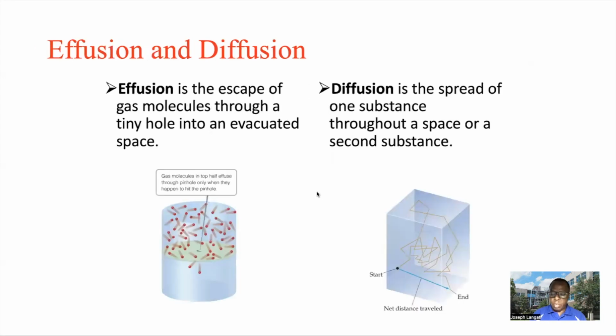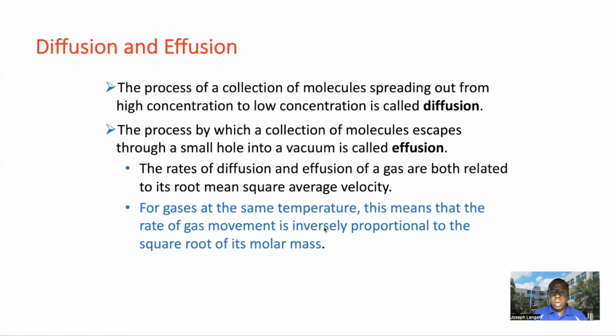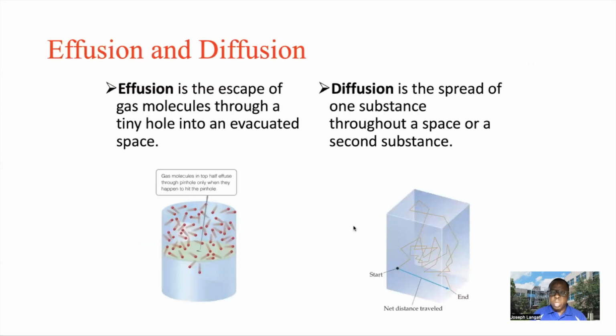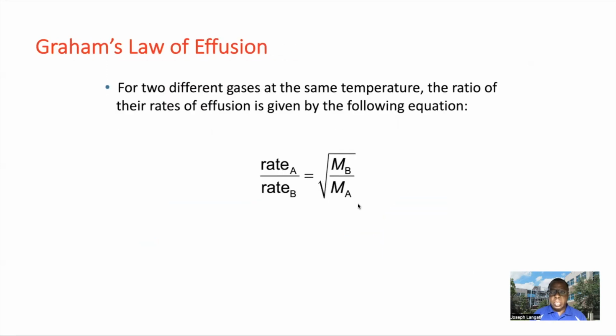We talk about inverse proportion here. This is the rate of A, the rate of B, the molar mass of A, the molar mass of B. You see this relationship? We call this an inverse relation. The M is the molar mass, and rate of A, and M stands for molar mass.